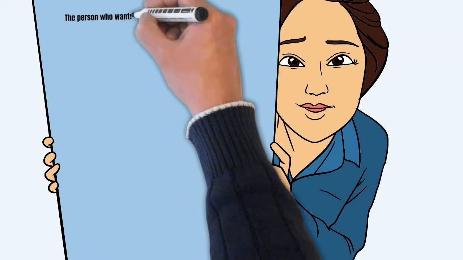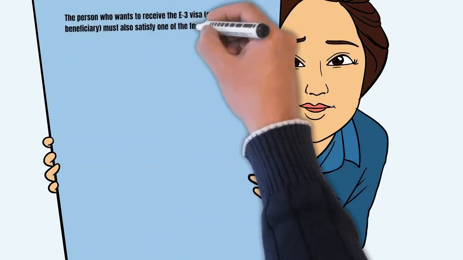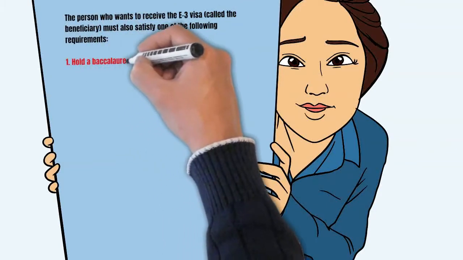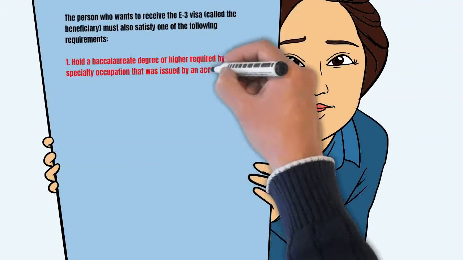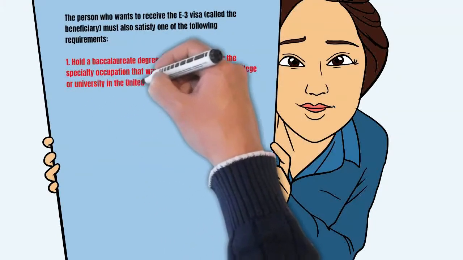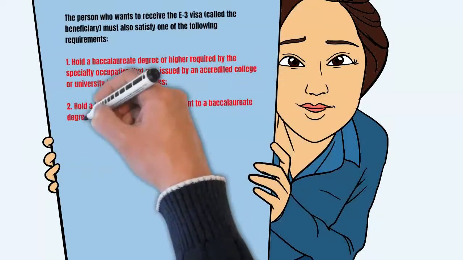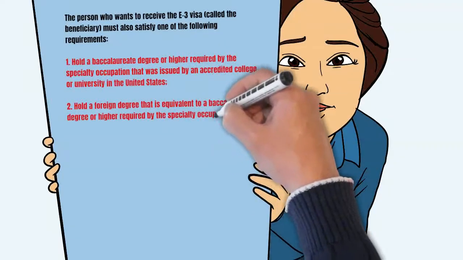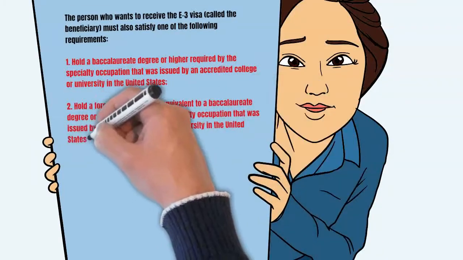The person who wants to receive the E-3 visa, called the beneficiary, must also satisfy one of the following requirements. 1. Hold a baccalaureate degree or higher required by the specialty occupation that was issued by an accredited college or university in the United States. 2. Hold a foreign degree that is equivalent to a baccalaureate degree or higher required by the specialty occupation that was issued by an accredited college or university in the United States. 3.